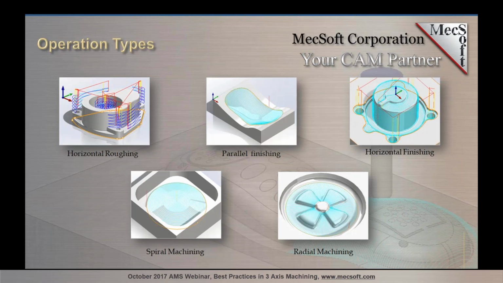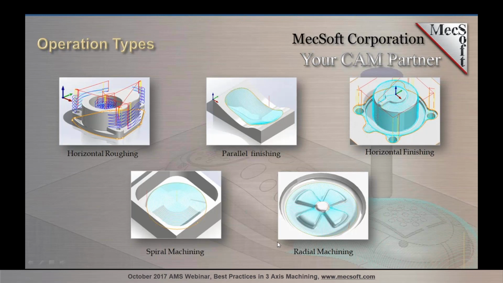Now, one thing to remember about horizontal finishing is if you have geometry which is very close to flat, you're going to notice that the tool paths are further apart, and so we do have an option in that case called optimized machining, which Uday will touch upon, to be able to also take care of the flatter areas, since this horizontal finishing strategy is more suited for vertical rather than horizontal areas.